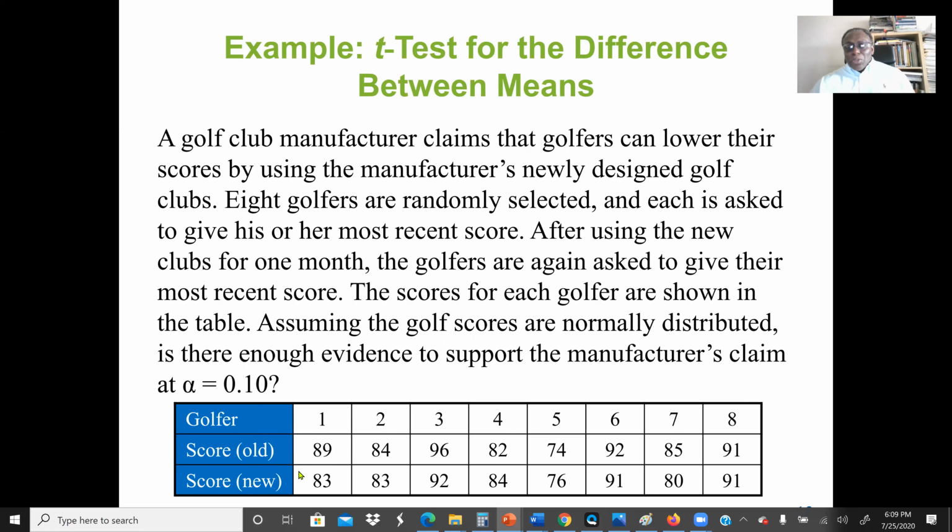So let's do this hypothesis testing and see if the claim made by the golf club manufacturer is true or false, or whether we should reject it or accept it. The claim is that if you use the new golf club, your score will be lower. When the golf club becomes older, the scores get higher.